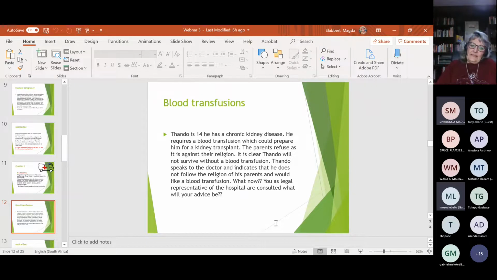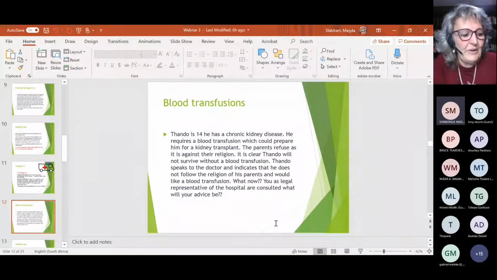Let's say you are the legal representative of the hospital and the doctor contacts you. What will your advice be? So we go back step by step. Remember, now we will focus on the Children's Act.